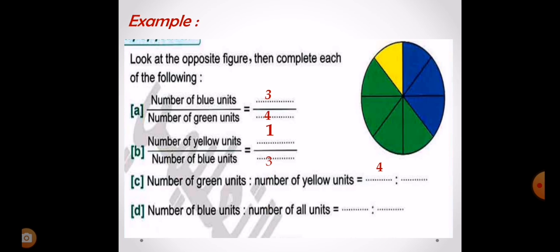And how many yellow units? 1. Number D: number of blue units, which is 3, to number of all units. Here I want all units in this circle. How many units here? 8. Excellent.